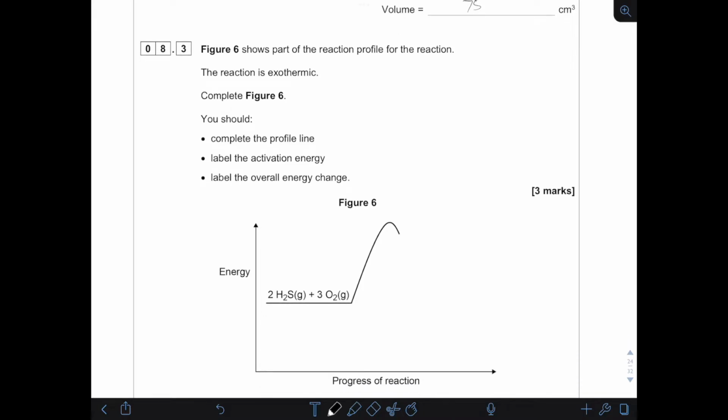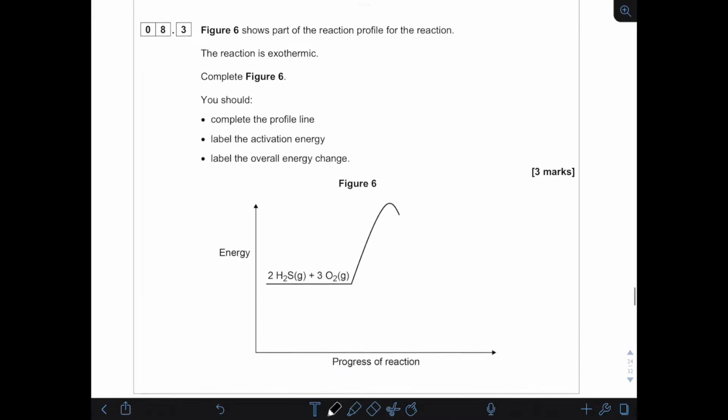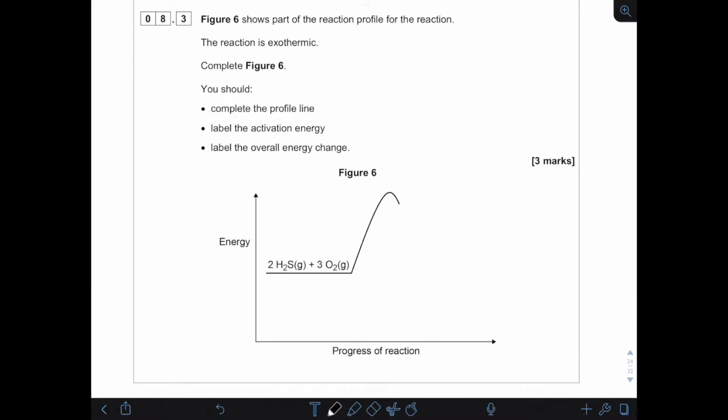Right, figure 6 shows a reaction profile. So you need to complete this profile, and we know it is exothermic. An exothermic reaction means the energy is released into the environment, which means that the actual energy goes down compared to the start.